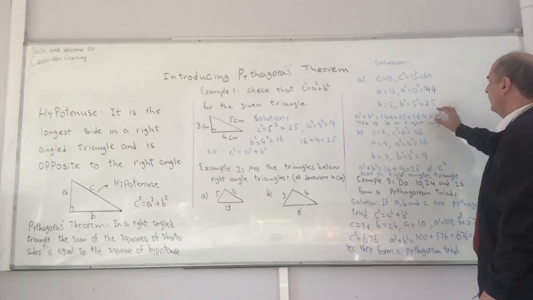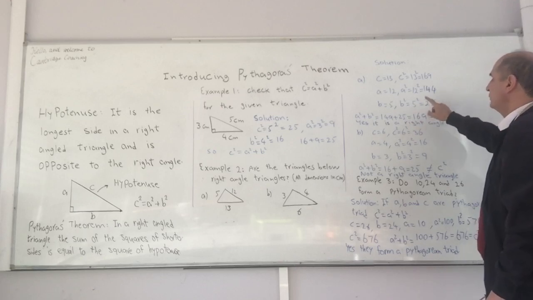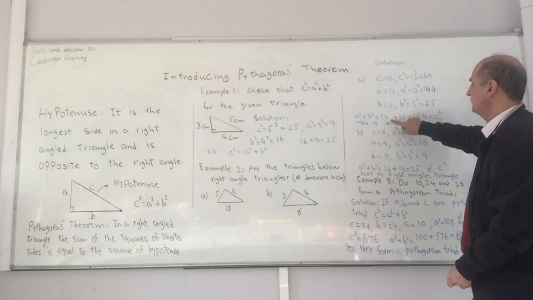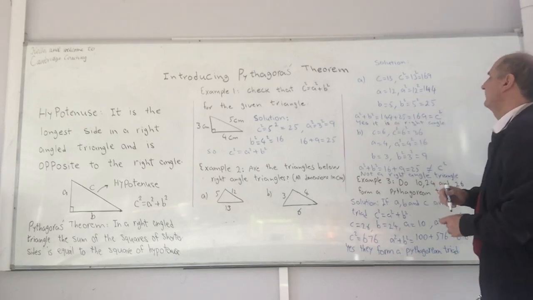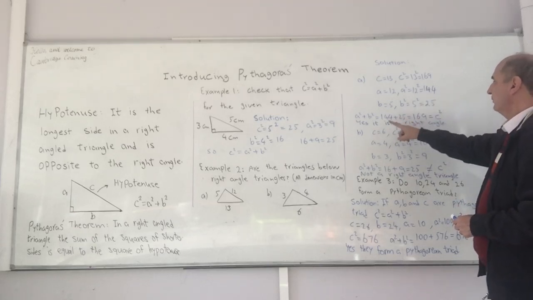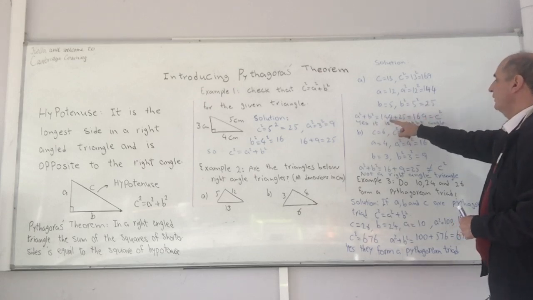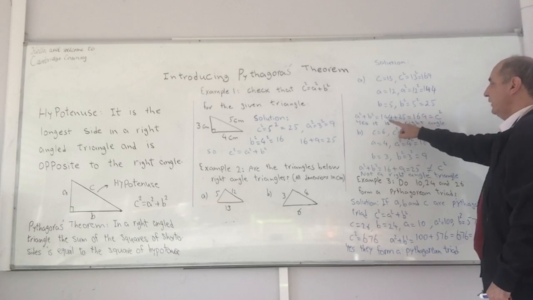Okay, now you've got a squared, which is that, you've got b squared, which is that. You've got to add a squared and b squared, see what you're going to get. So a squared is 144 plus b squared, which is 25. So 144 plus 25 gives you 169 on your calculator.